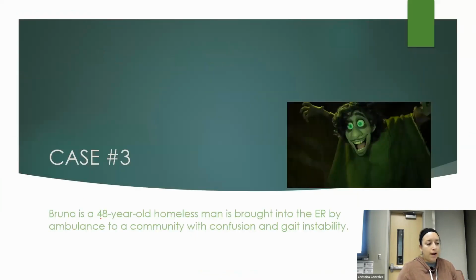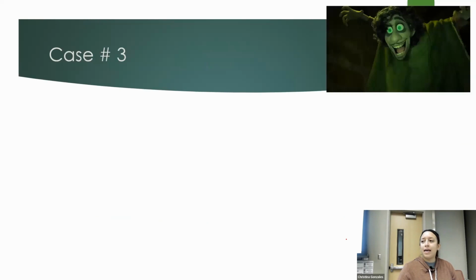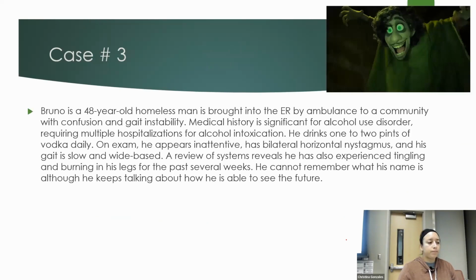So this one, we have a 48-year-old homeless man brought to the ER, confusion and gait instability, okay? I don't know about you, but alcoholics tend to be confused and have gait instability regardless of their vitamin deficiencies, but there are going to be some things we see here that are going to clue us in, right? So he has an alcohol use problem. He's had multiple hospitalizations for alcohol, so he's a frequent flyer in the ER.